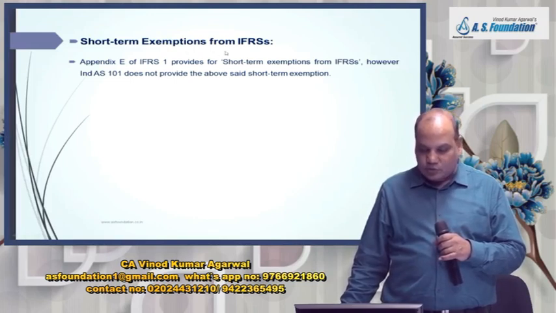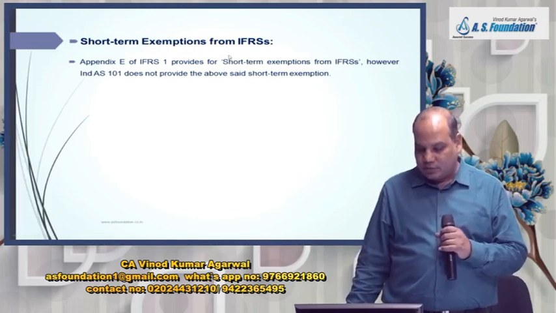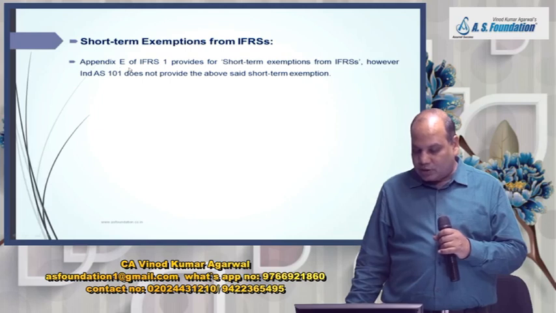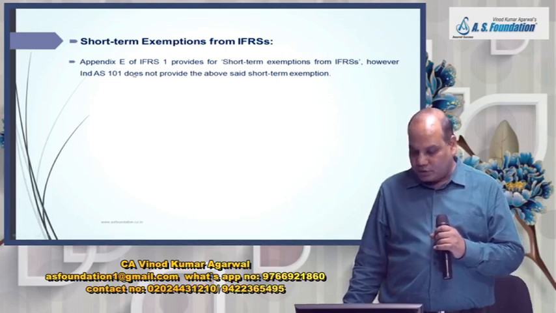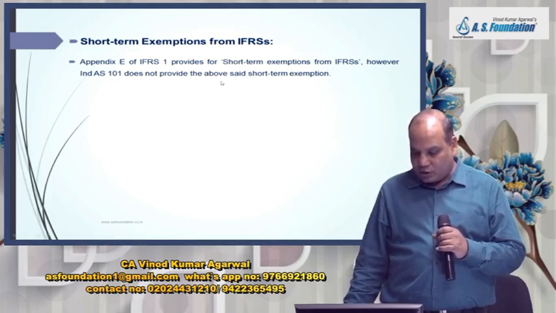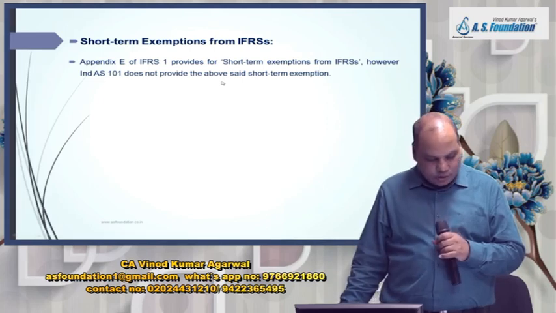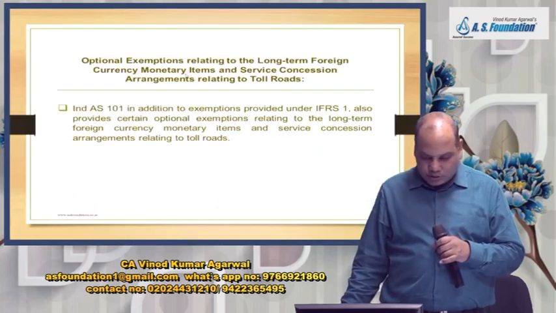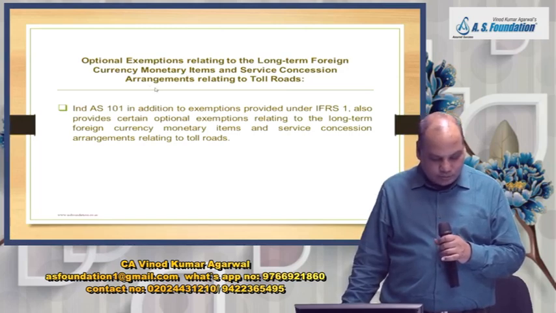Then point number 5, short-term exemption from IFRS. There is an appendix E which we have not read of IFRS 1 provides short-term exemption from IFRS. However, Ind AS 101 does not provide the above said short-term exemption. So not very important. I have not discussed also in the main lecture.